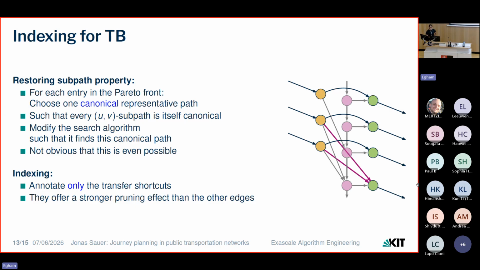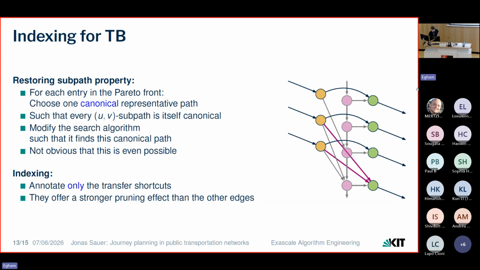And as for the indexing, we found that the best thing to do is to annotate only the transfer shortcuts that trip-based routing produces anyway, because they offer a stronger pruning effect than all the other edges. So if I look at one of those shortcuts, I don't have a laser pointer, right? But let's try with the mouse.